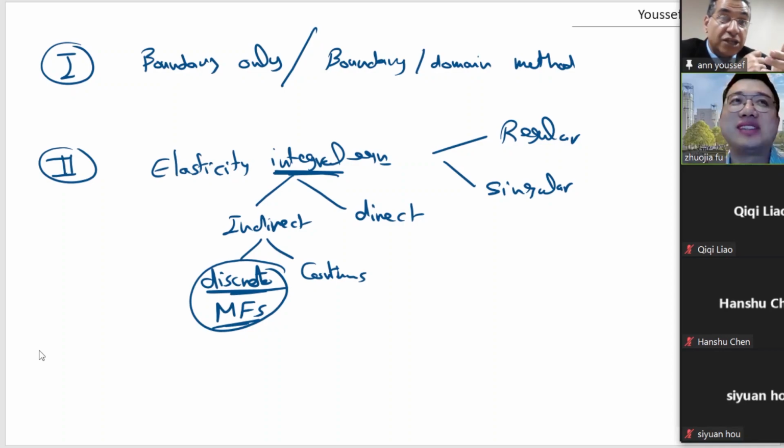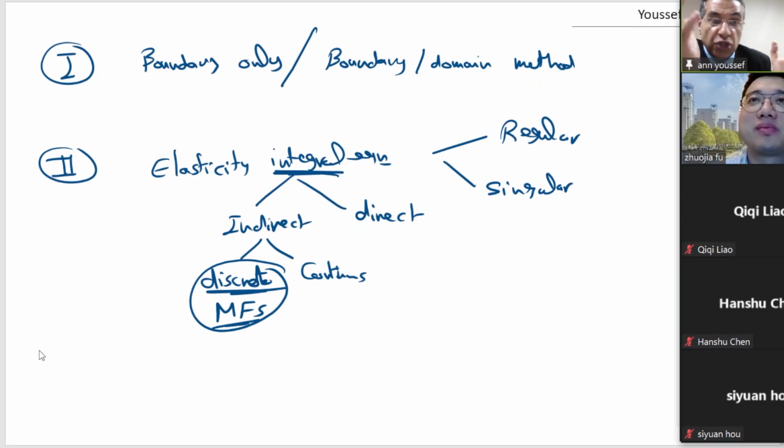Actually, this is 2D. We can formulate elasticity as potential problems because when we talk about fundamental solution, we can decompose any fundamental solution into small potentials. Then we can formulate our problem in terms of these potentials. As far as we formulate this potential, it will be totally a potential problem.